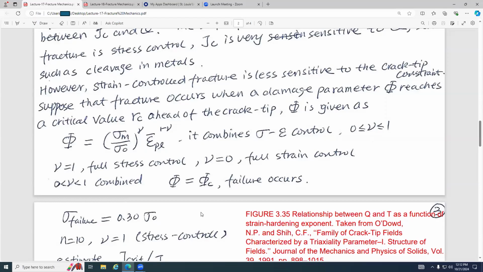So you get phi c, which is a critical parameter of the material, and then given a loading condition, you can get a phi based on this equation. Then you compare this phi with your phi c. If this equation is satisfied, that means it is a very critical state. When phi is a little bit greater than phi c, failure occurs. So this is a failure.